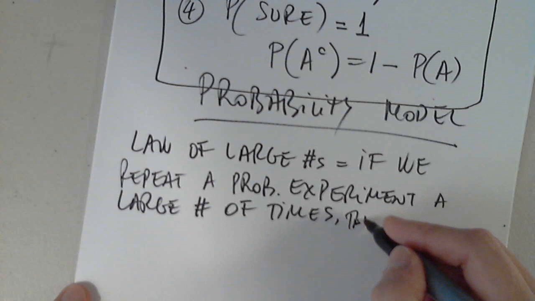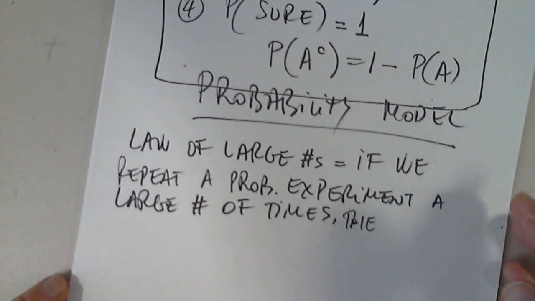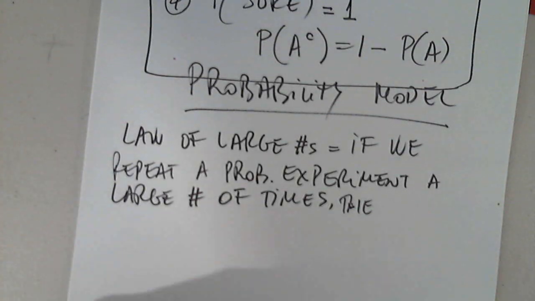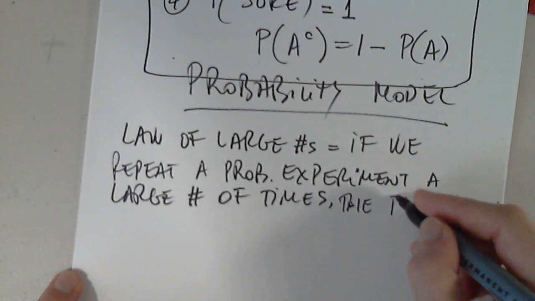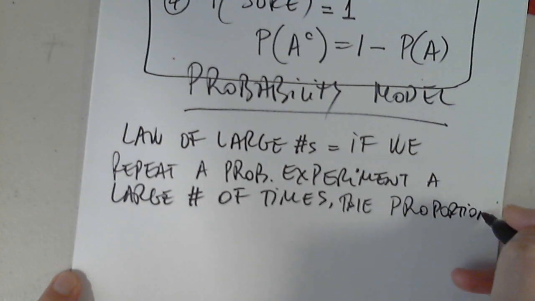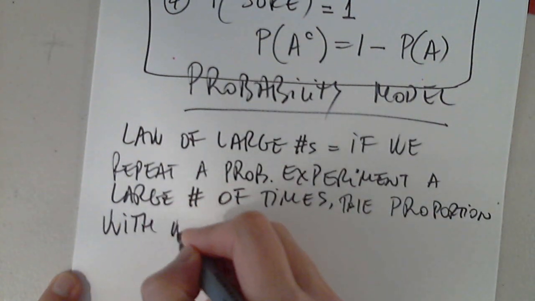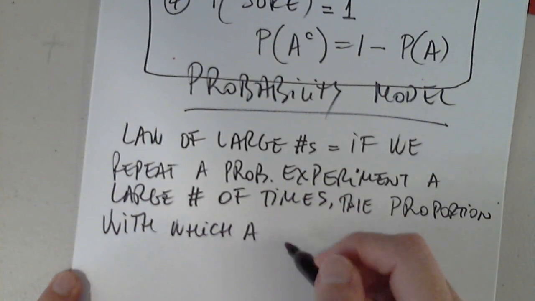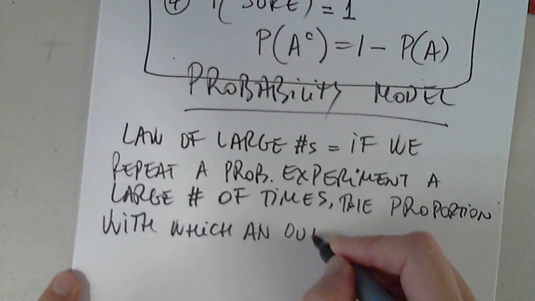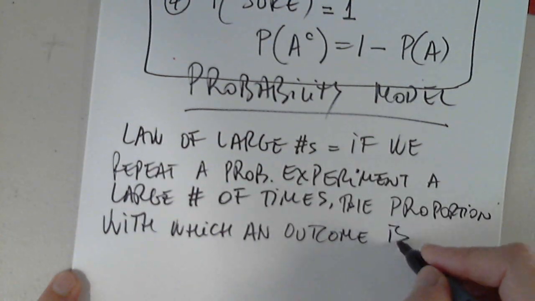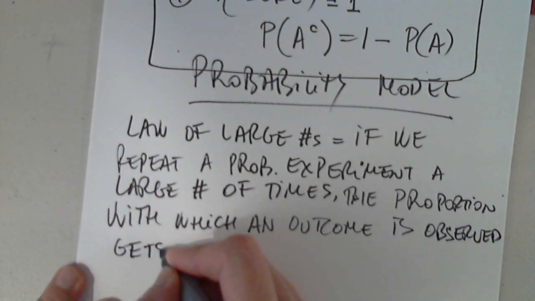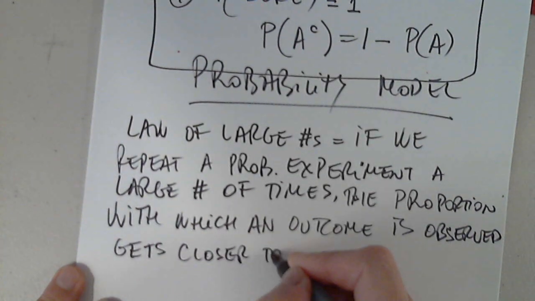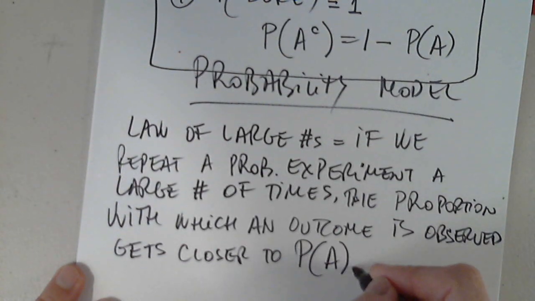So in other words, we will get to the probability of what we're looking for. If we repeat the experiment many, many times, it's almost certain that we will get to the probability of that outcome. So the proportion with which an event or an outcome is observed gets closer to the probability of the outcome. I'm going to write it like this.